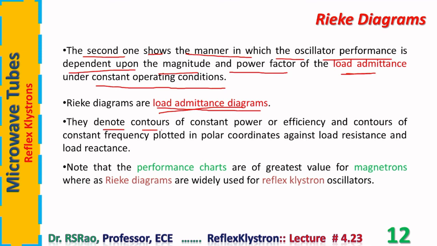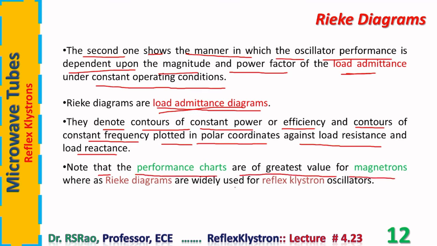They give contours of constant power or efficiency and contours of constant frequency plotted in polar coordinates against load resistance and load reactance. Note that performance charts are of greatest value for magnetrons, whereas Rieke diagrams are widely used in case of reflex klystron oscillators.